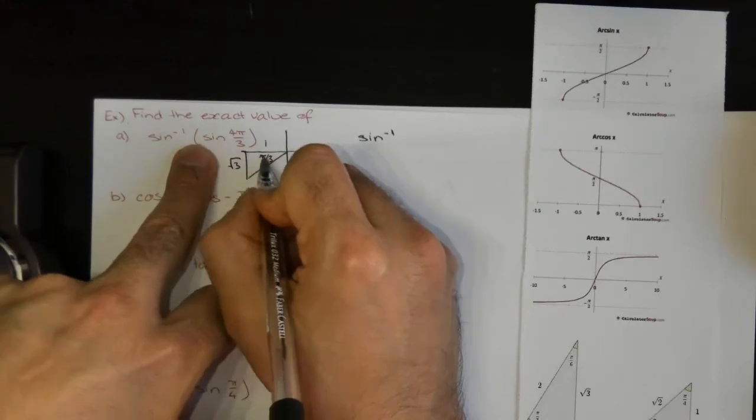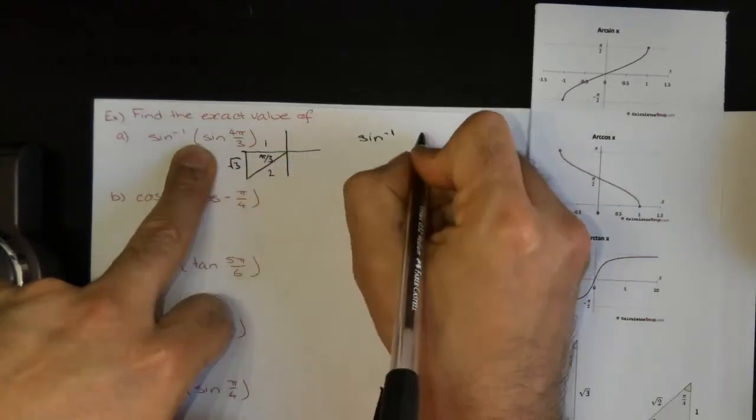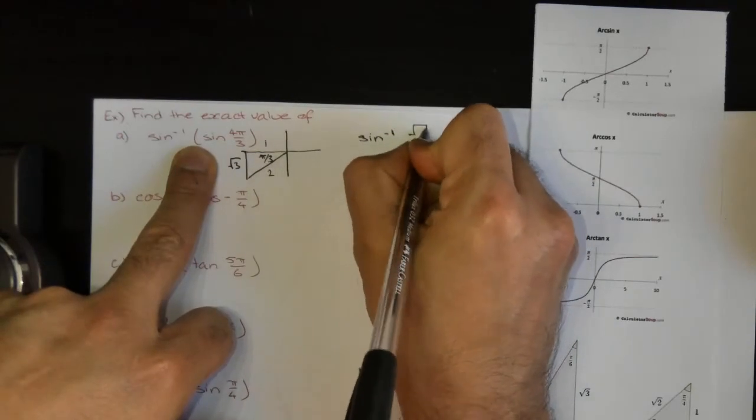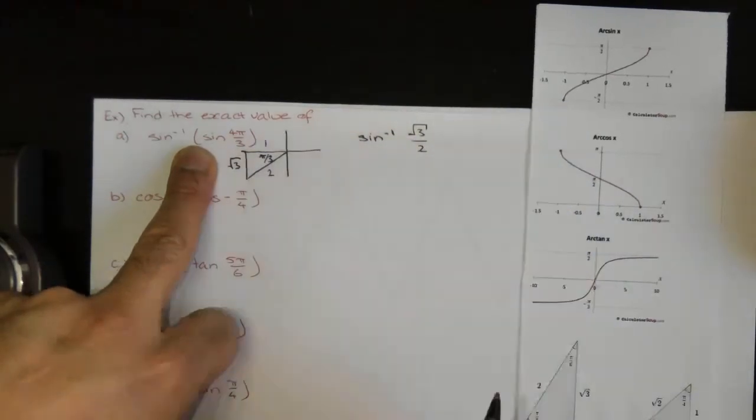so the sine of pi on 3, which is square root 3 over 2.